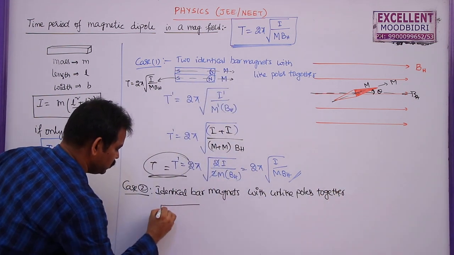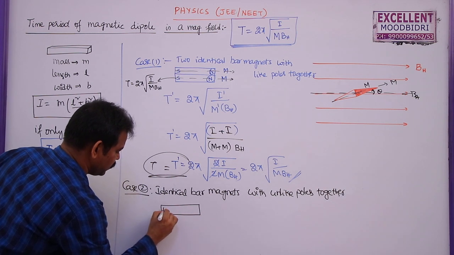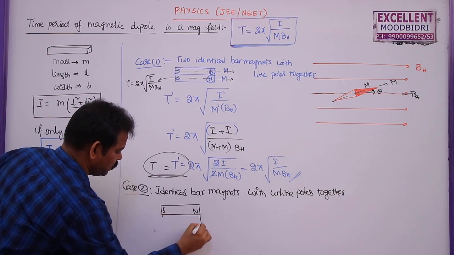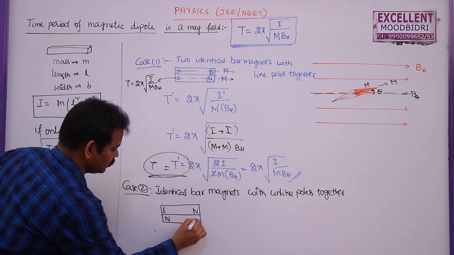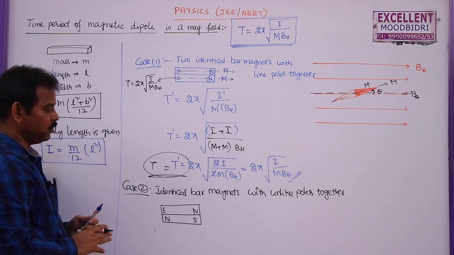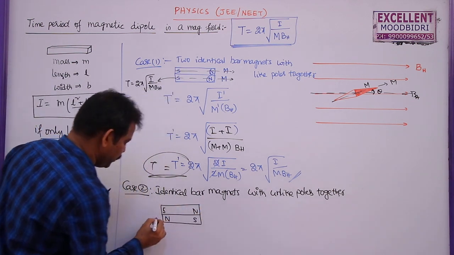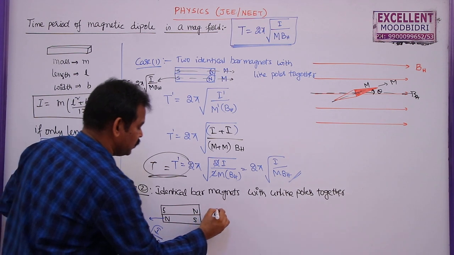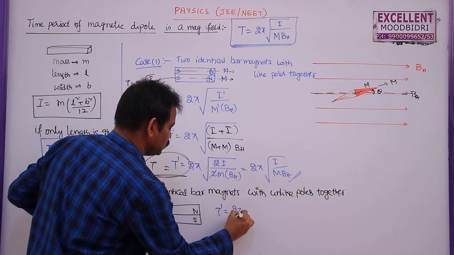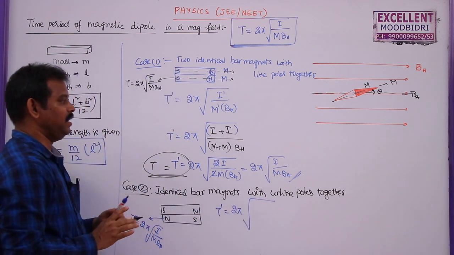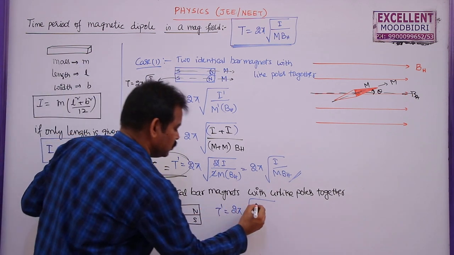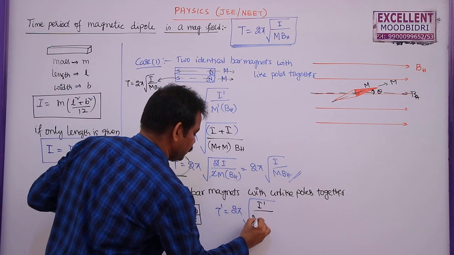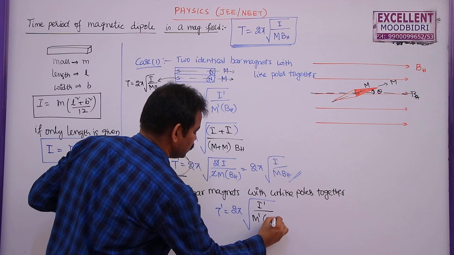In this case, this is the first bar magnet, south pole and north pole, this is the second bar magnet, north pole and south pole. When unlike poles are together, what is the time period of only a single bar magnet? 2 pi root I by mbh. But what is T dash now? This is 2 pi root I dash by m dash bh.